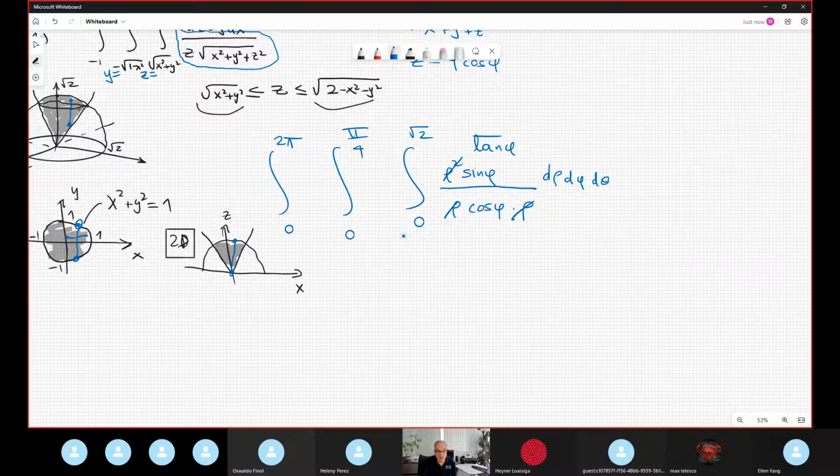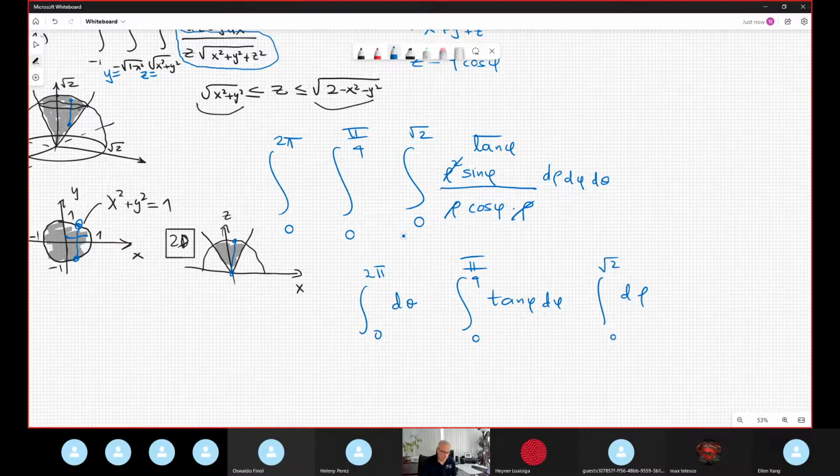It's separable again: 0 to pi, d theta, integral 0 to pi over 4, tangent phi, d phi, and integral d rho along 0 to radical 2. The answer, you separate this, calculus 2, 3 times, is 2 pi radical 2 natural logarithm of radical 2.